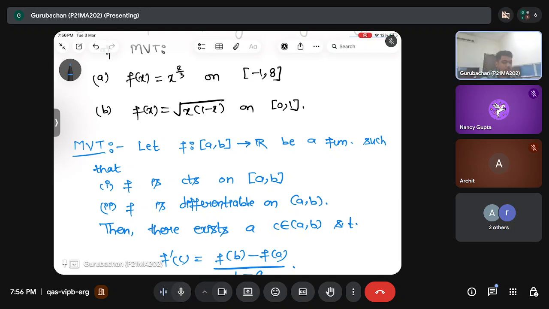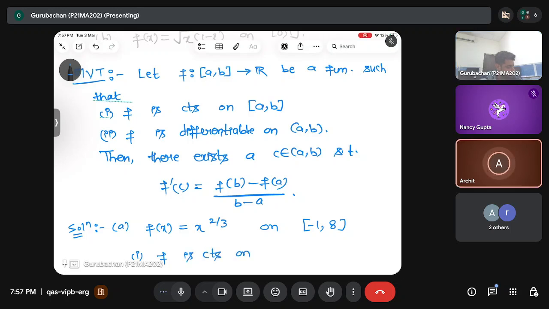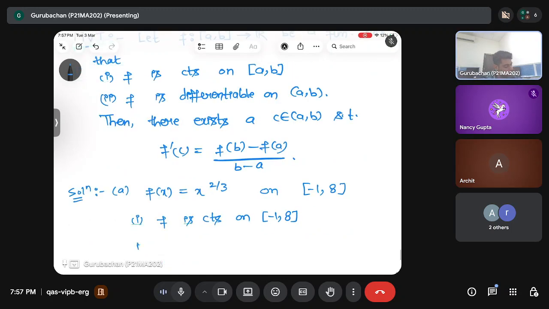Did you get the reason? f is continuous over this interval. Yes, sir. f is differentiable over open interval. No, sir.